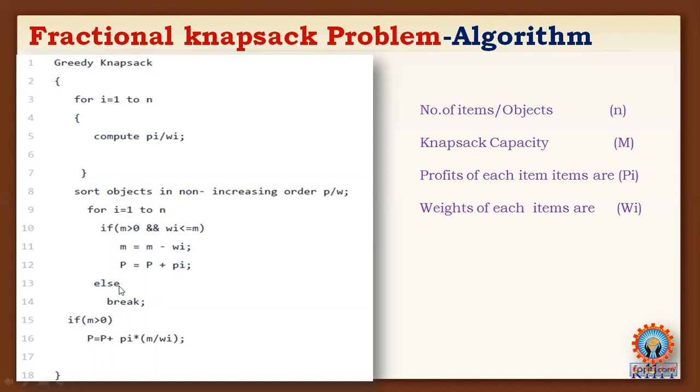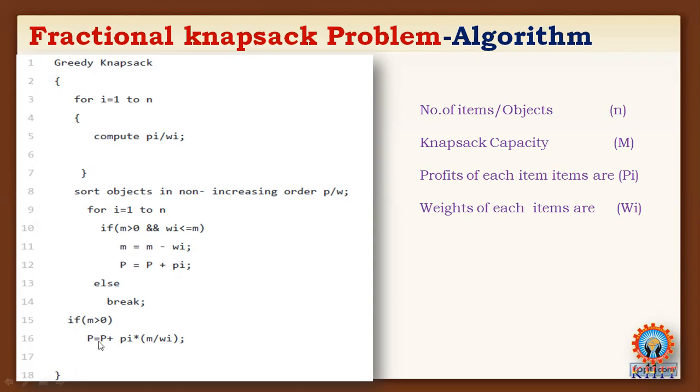Otherwise, if the condition is not satisfied, you can stop the problem or break the item into a number of pieces. Next, checking that the capacity of the knapsack is a positive integer, gradually the profit of each and every item is to be increased till all the items are placed in the bag.